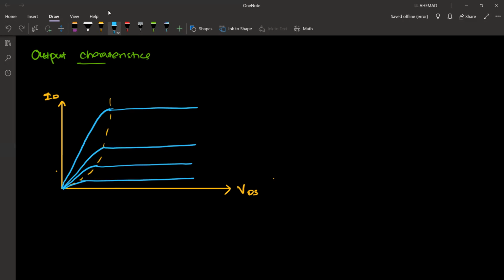Here this is for VGS equal to 0. For VGS equal to 0 only do we get the maximum current. And this voltage, where the current becomes constant, we call this VDS voltage the pinch off voltage.